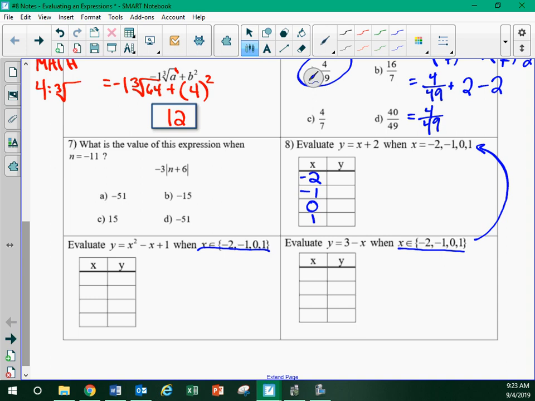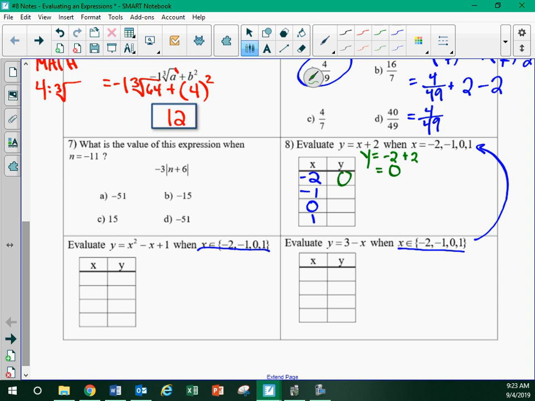So each time my x changes, my y answer is going to change. So it says to evaluate. So I'm going to go ahead and do my first one here. I don't know what y is, that's what I'm trying to find. The x is negative 2 plus 2. What does that give me? 0. So when x is negative 2, y is 0.